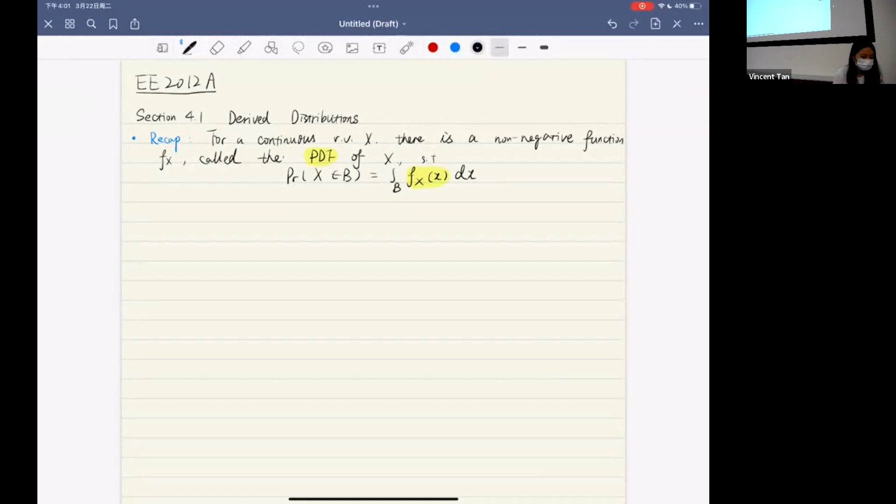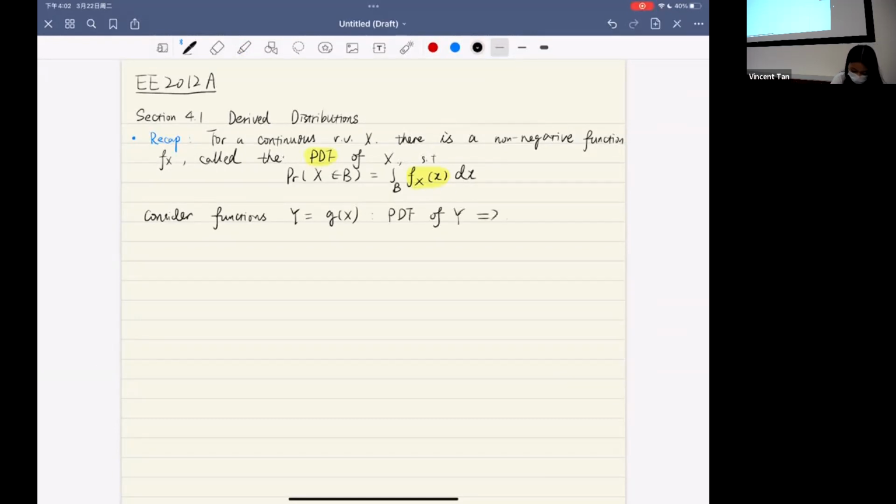Now we are going to move on to discover deeper. Consider a function Y equal to g(X), and we want to find out what the PDF of Y is.